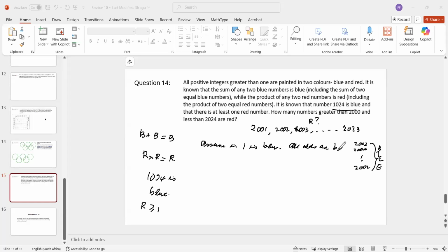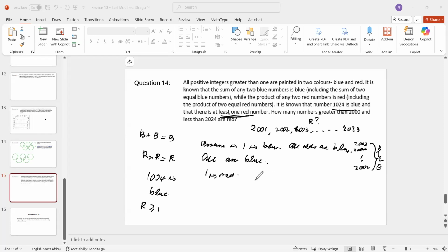But all the evens are also blue. And that means all are blue. But it is said that there is at least one red number. See how that information becomes useful. So this is false, because we just proved they're all blue. So 1 is not blue. That assumption is false. So therefore 1 is red.